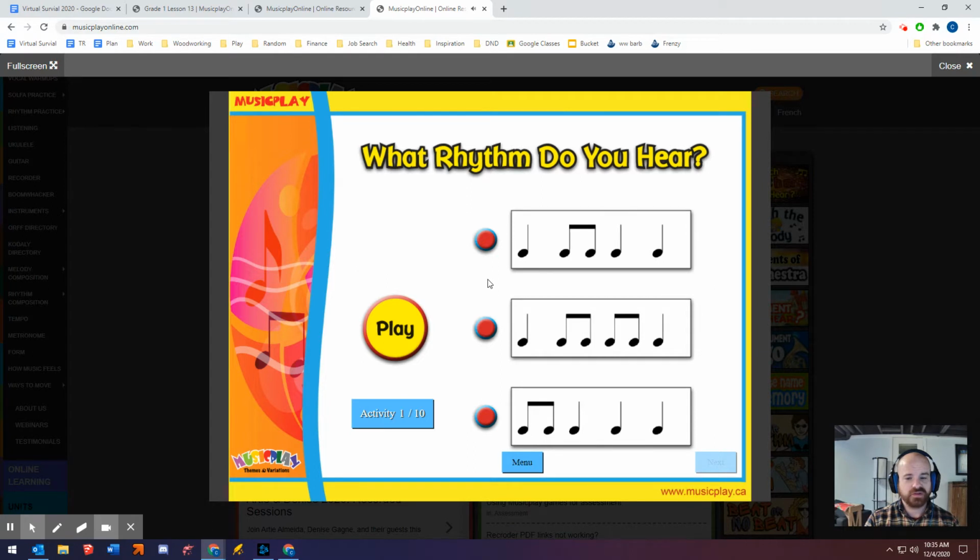So which pattern did that sound like? Can we clap that out? Let's say these just to practice first. Ready? Ta, ti, ti, ta, ta.